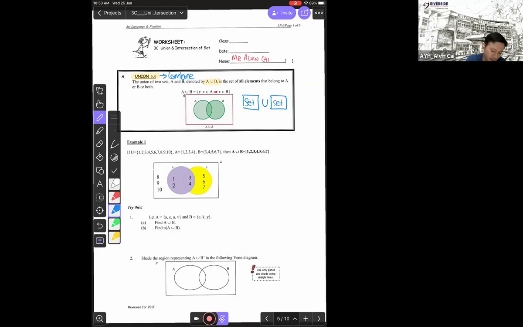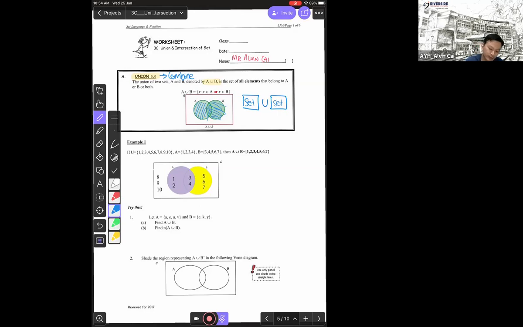If you look at the diagram, it's basically whatever A has combined with whatever B has. So the final answer is both combined. Of course, any overlapping numbers we will just put as one itself, we don't repeat the same elements.